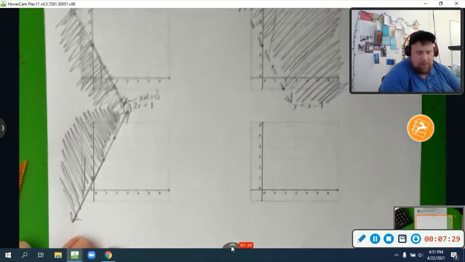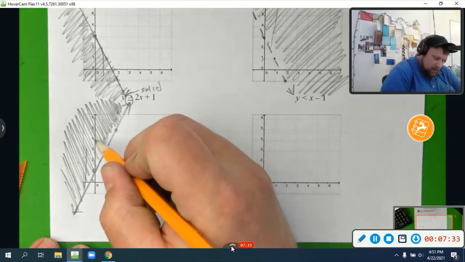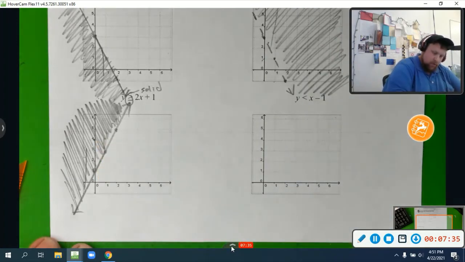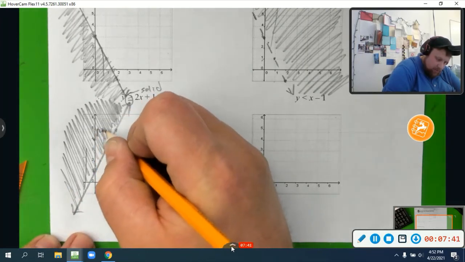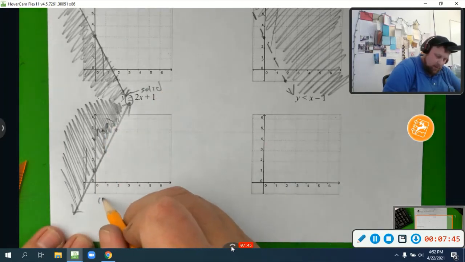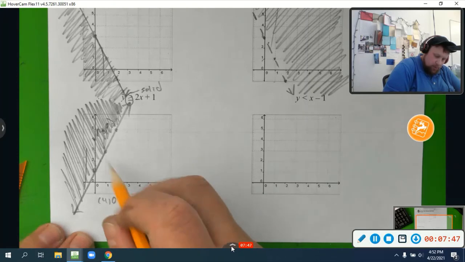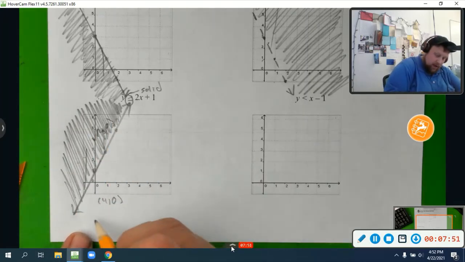Real quick, what do I mean by makes the statement true? I just want to show you that. That means let's pick a y, so I'm going to pick 4 for my y. And what's the x value there? So that'd be 4, 0. Let's see what the point 4, 0 does.